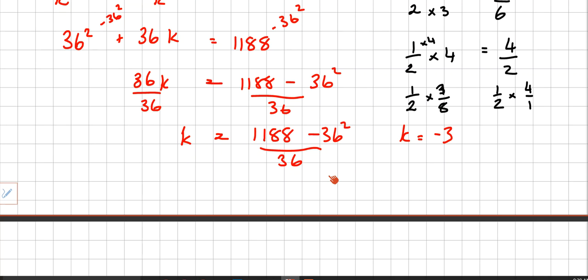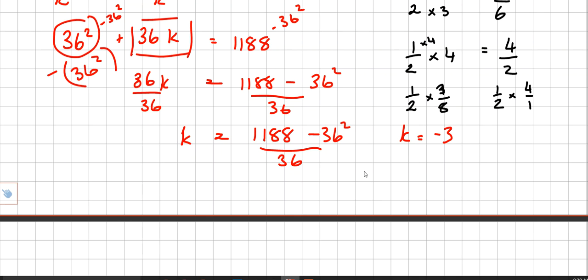Why is that still 36 squared? Because what we have is minus, like this question: 36 plus 36k. How do I rearrange? I have to subtract 36 squared. Now I want to subtract the whole number, so it's like that. It's not minus 36 squared.